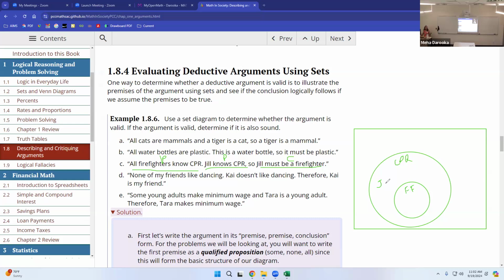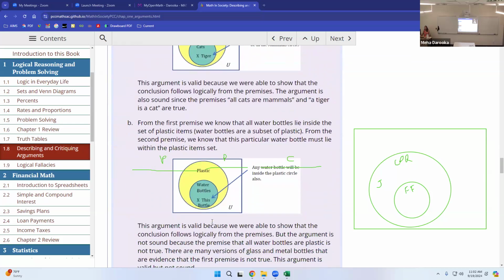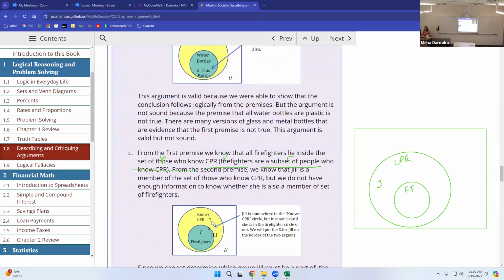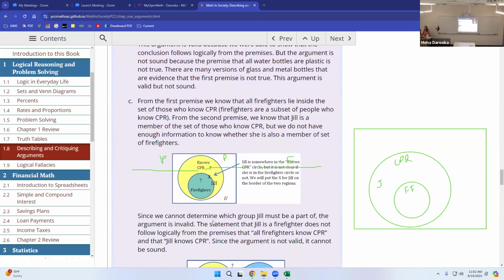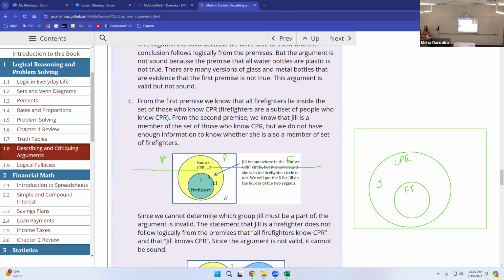So in this case, can we say this is a valid argument? No. Because Jill cannot be placed inside of the firefighter circle. That's interesting how they did that.